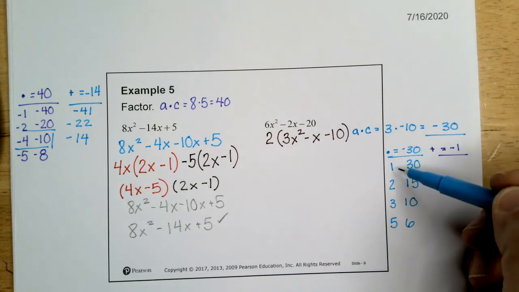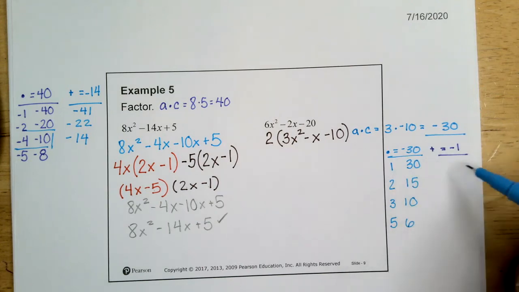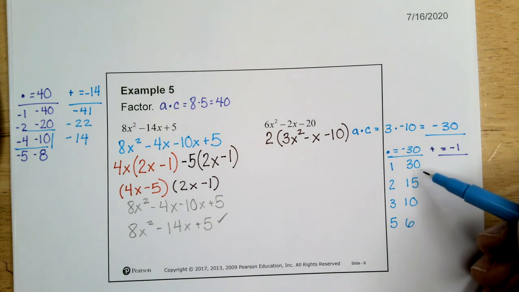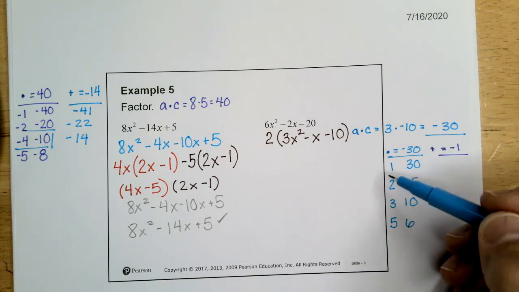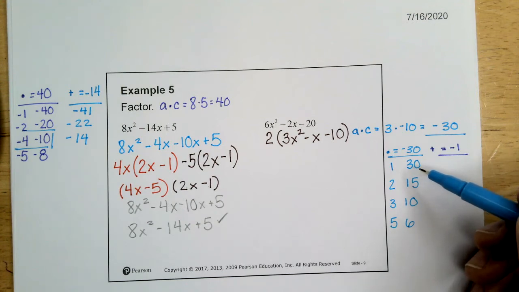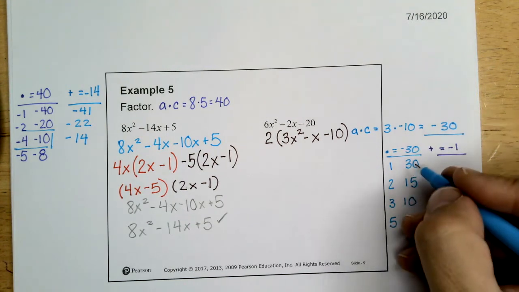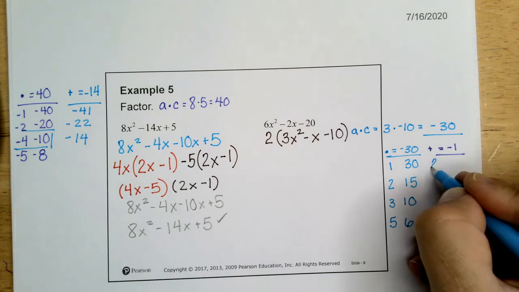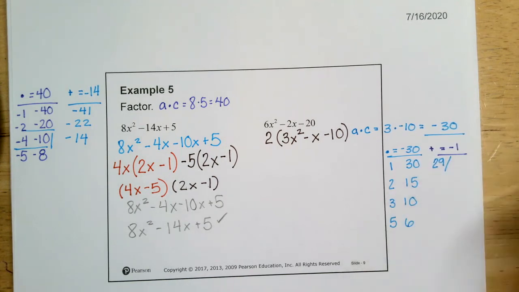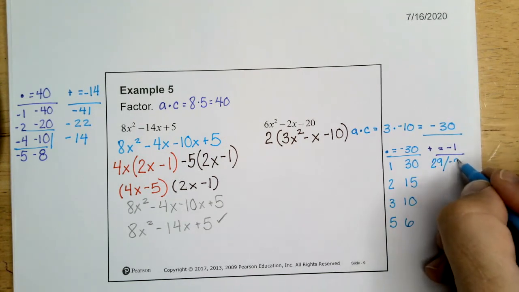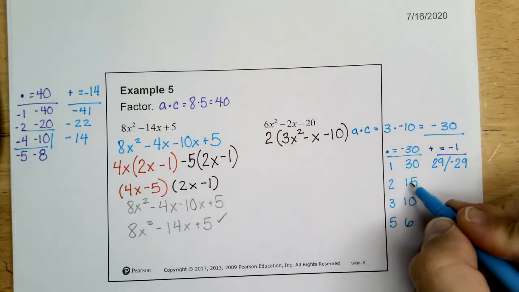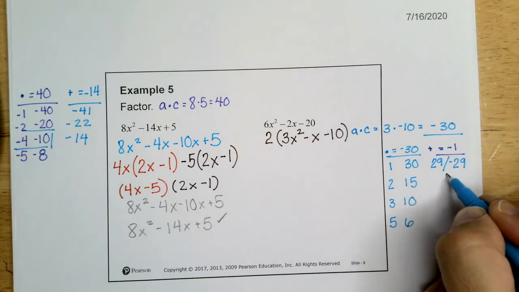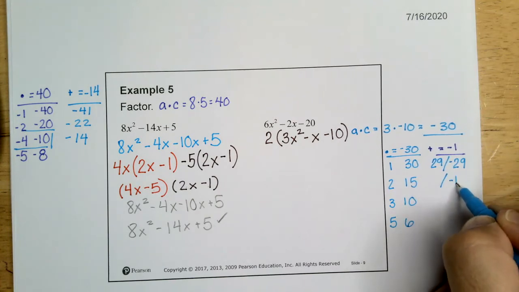So if one is negative and one is positive, will they add up to -1? This would add up to negative or positive 29, right? Because if it was 30 minus 1, we'd have 29. If it was -30 plus 1, we'd have -29. If I put the negative in front of the 15, I would have -13.